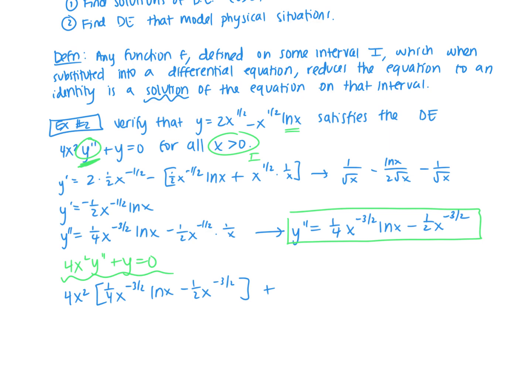Y is just the initial equation. So the initial equation, that's 2x to the 1/2 minus x to the 1/2 natural log of x. And we want to know, does all of that equal 0?